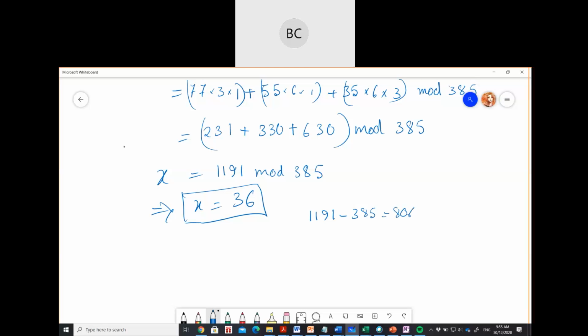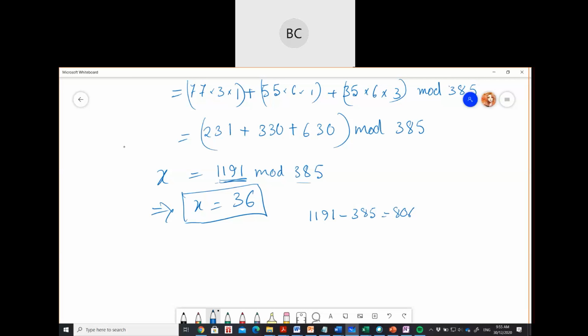It's quite a big number, right? It's a bit difficult without a calculator, but you can just keep subtracting the value until you get a value less than this number.